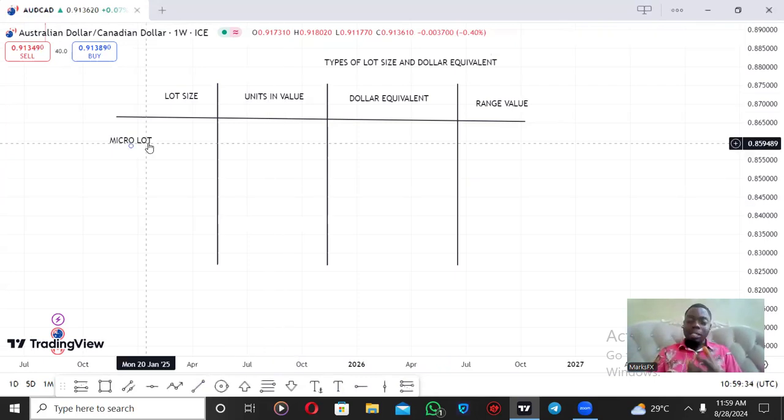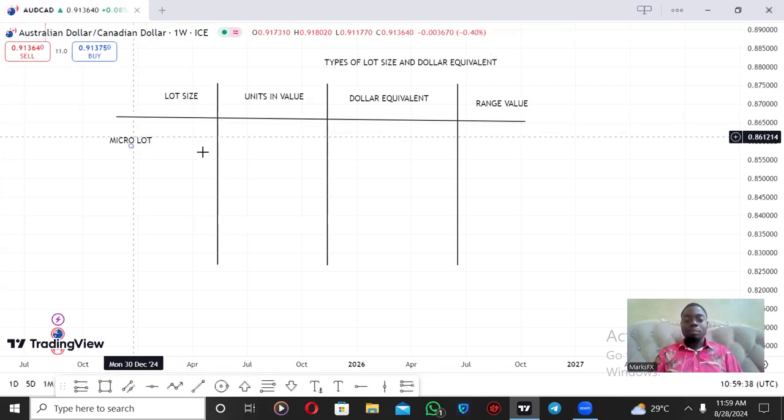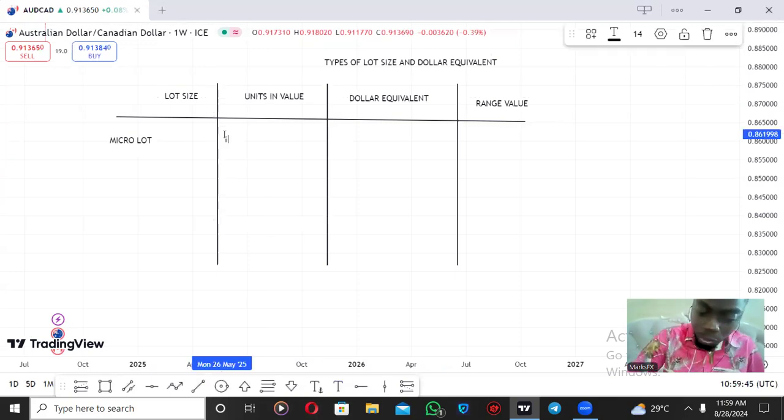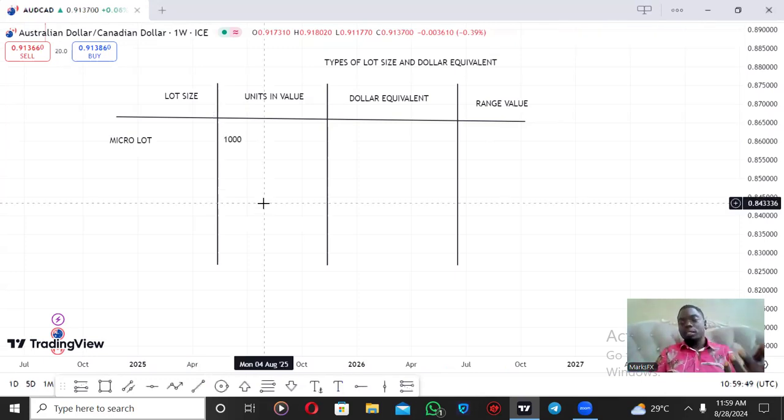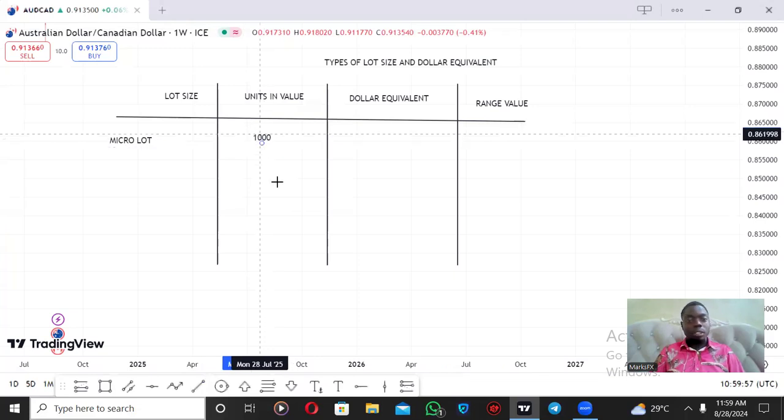Micro means small. So the units in value for this micro lot size is 1,000 units. So every trade that you're placing with a micro lot is equivalent to 1,000 units on that trade.